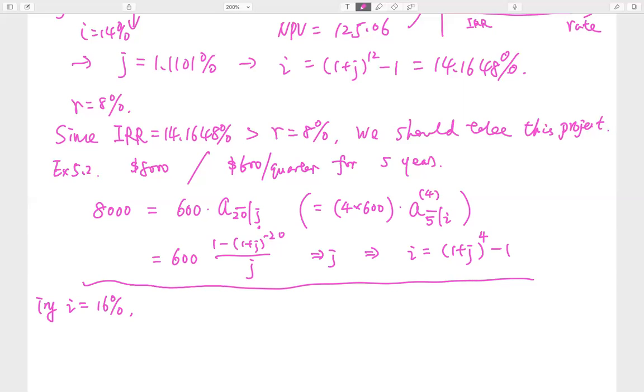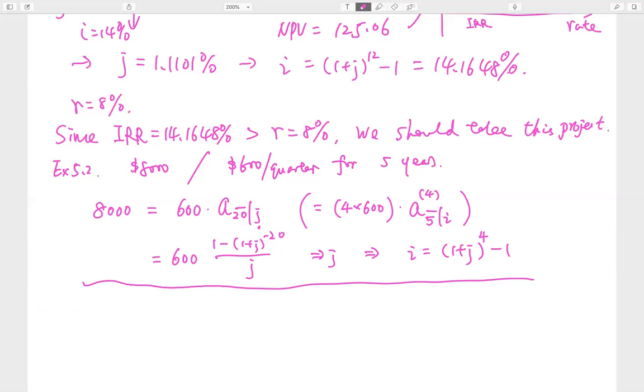Okay, so let's try i with 16%. You actually need to divide this over to get the result. Let me follow what the textbook writes.